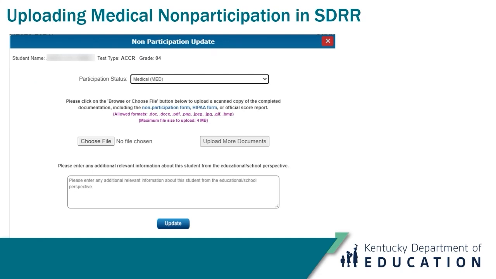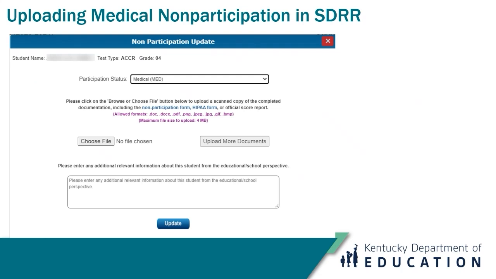And then how are we going to do non-participation? For uploading a medical non-participation, on the student listing there was the drop down where the non-participation was, and the dash there.